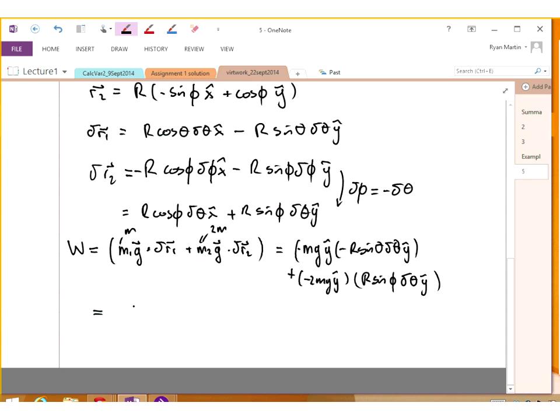Alright, so then that's equal to mgR sine theta delta theta minus 2mgR sine phi delta theta.